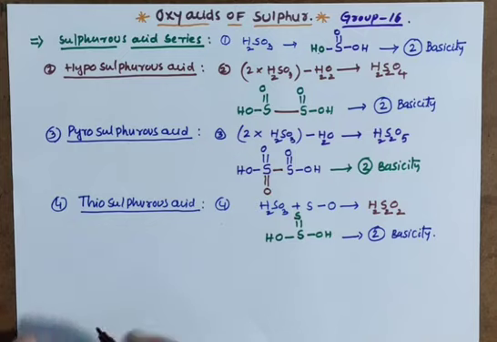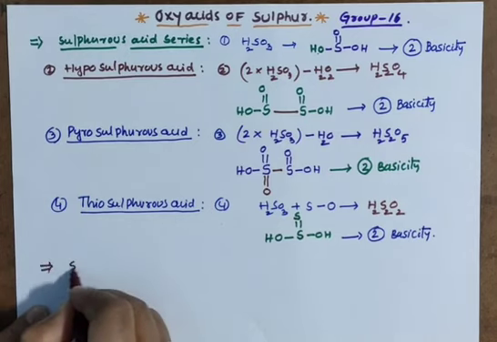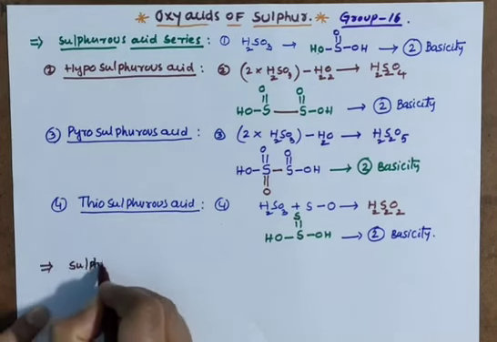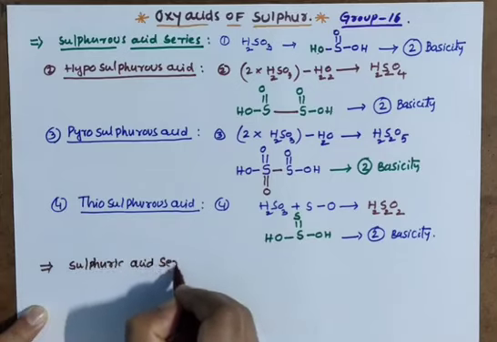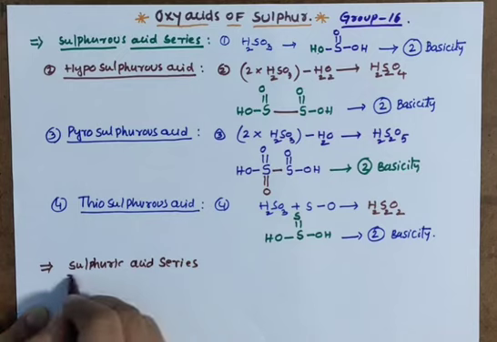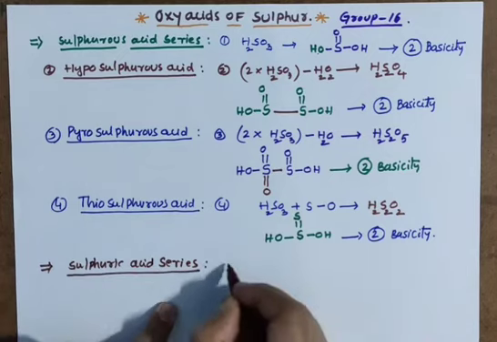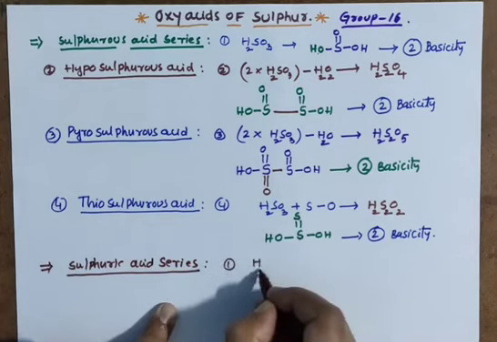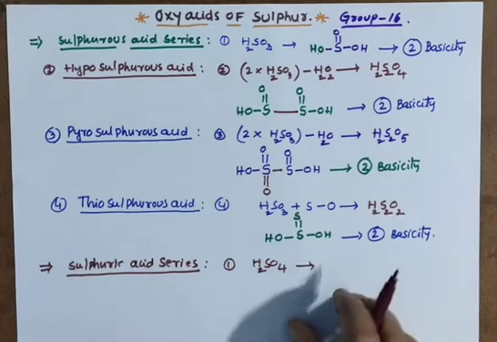Next, we have the sulfuric acid series. In the sulfuric acid series, 5 to 6 acids we have. You know the sulfuric acid formula, H2SO4. Let me discuss the structure.